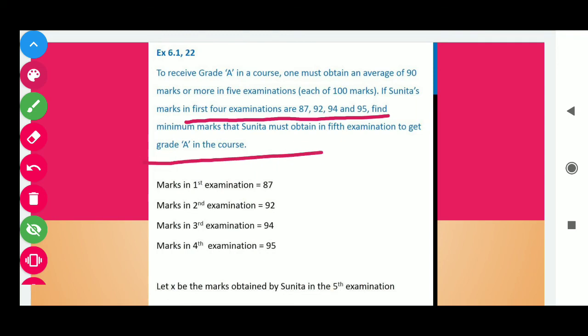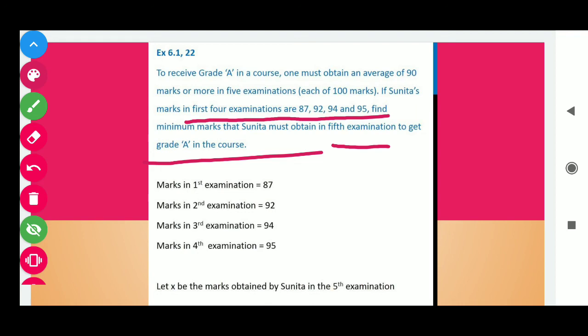Students, you can see that this is a similar question to the earlier question number 21. But here it is Sunita and there are 5 examinations. She is sharing her 4 examination marks, and now what should she obtain in the 5th examination to get grade A? So students, let's start the solution.